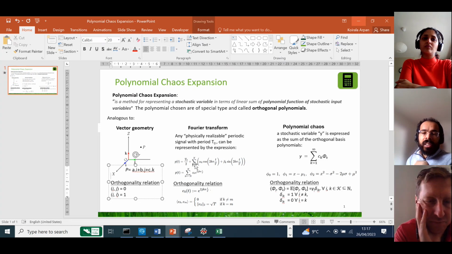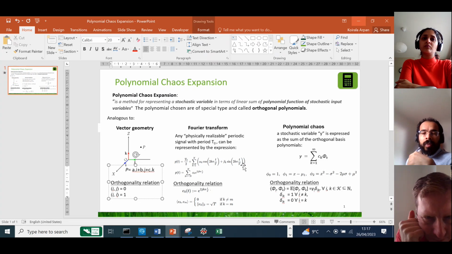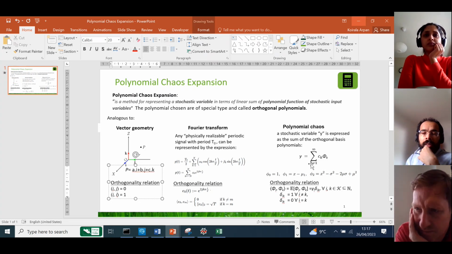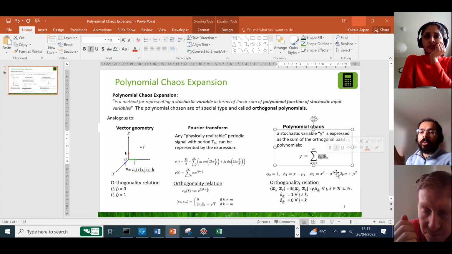And same in the Fourier transform, you have some continuous or periodic signals, then you can always write them in terms of cosines and sines with their respective coefficients. Similarly here, we want to write the uncertainty in terms of orthogonal polynomial bases and the coefficients.